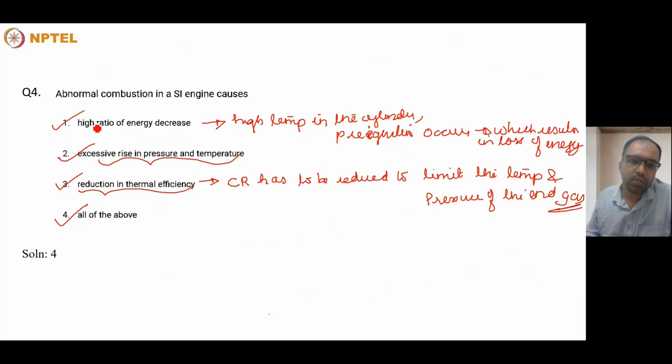So in abnormal combustion, there is a high rate of energy decrease, a significant rise in pressure and temperature, and a reduction in thermal efficiency because of energy losses. And the compression ratio has to be reduced in order to limit the temperature and pressure of the end gas.